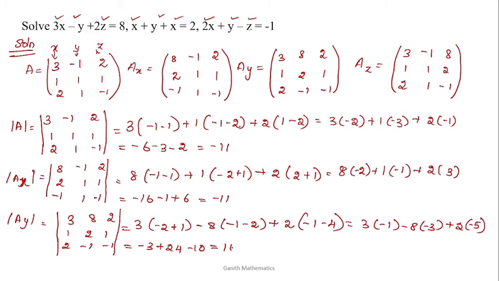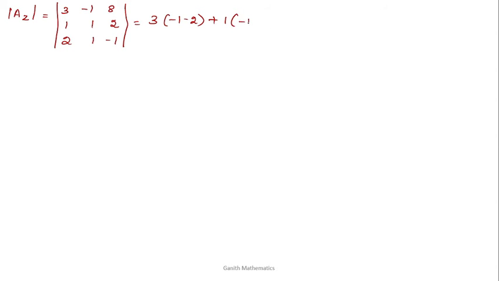Okay. Similarly, I am going to find A z. So determinant of A z is equal to 3 minus 1 8, 1 1 2, 2 1 minus 1, which is equal to 3 into minus 1 minus 2, plus 1 into minus 1 minus 4, plus 8 into 1 minus 2.